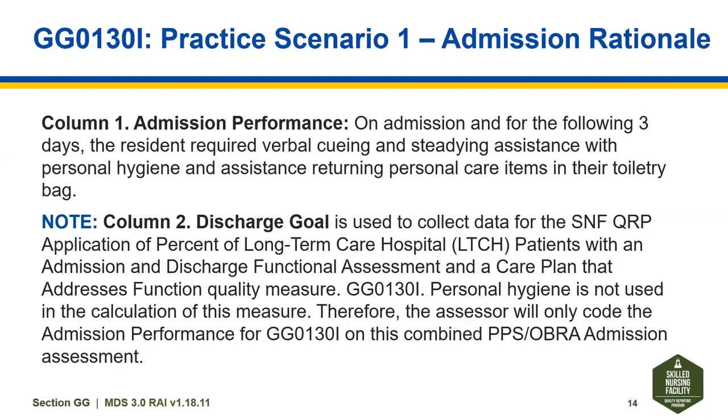GG0130I personal hygiene is not used in the calculation of this measure. Therefore, the assessor will only code the admission performance for GG0130I on this combined PPS OBRA admission assessment.